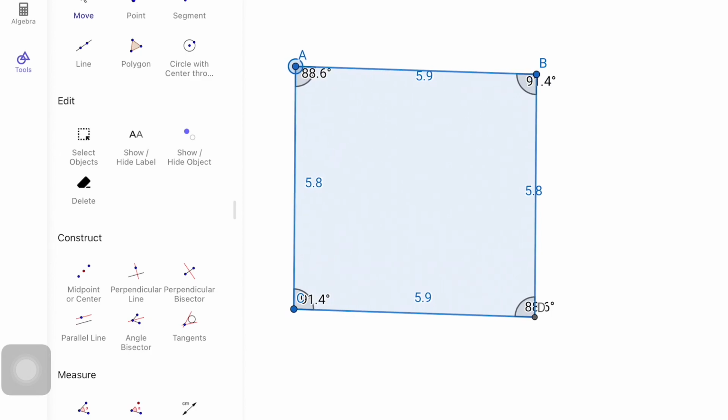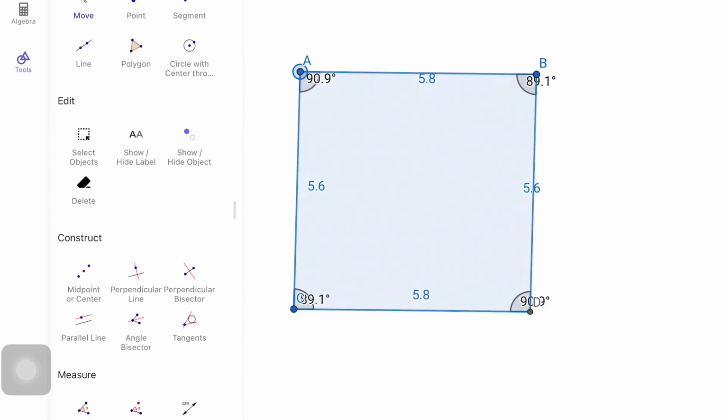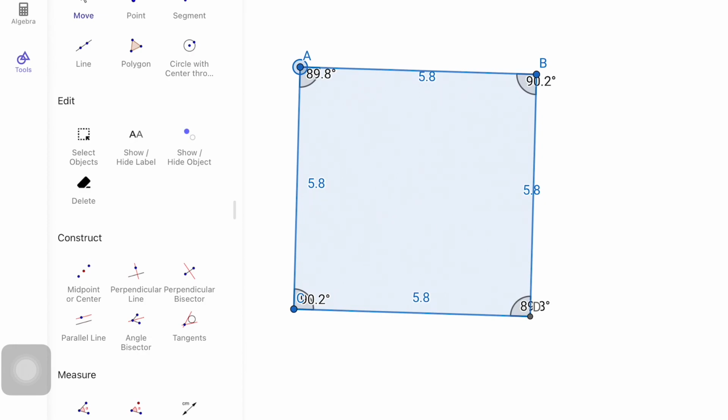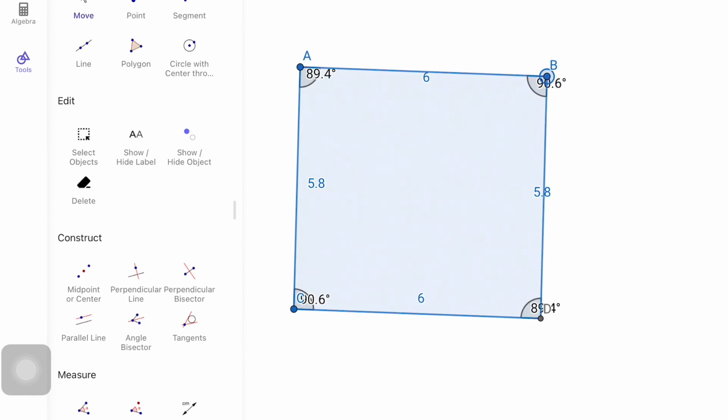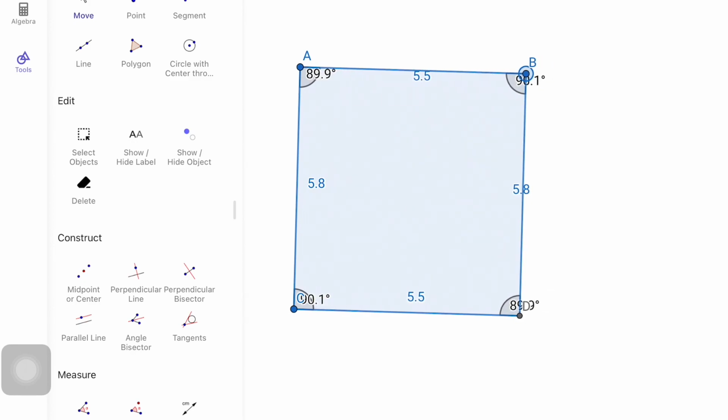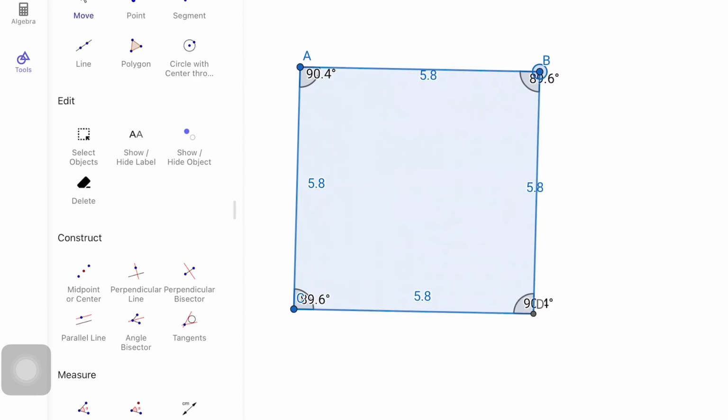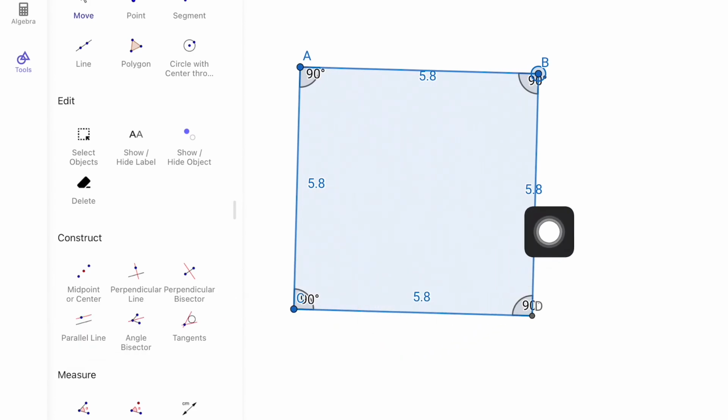And all the angles are right angles. All right, so now it's a square, and a square has 4 equal side lengths and 4 right angles.